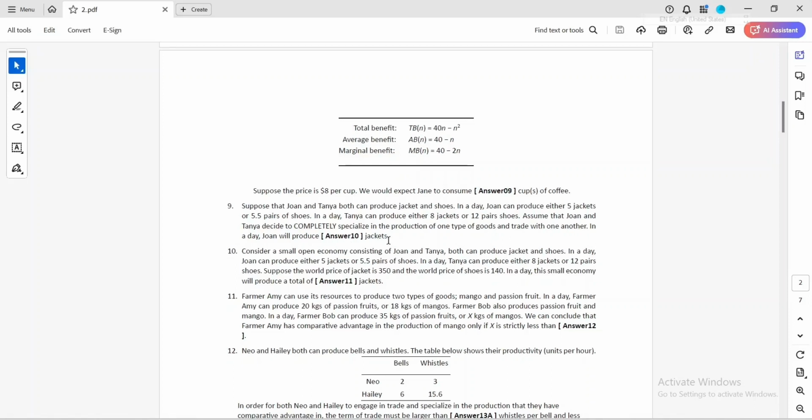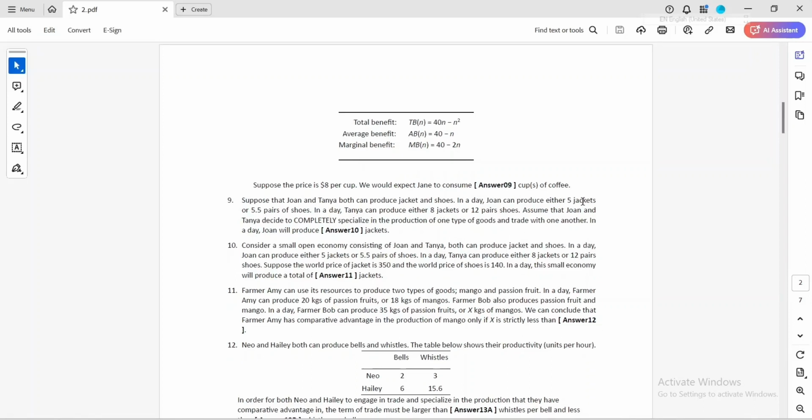The question has asked for John only. So what is the opportunity cost of him producing jacket and shoes? The opportunity cost of him producing jacket is 5.5 divided by 5, right?